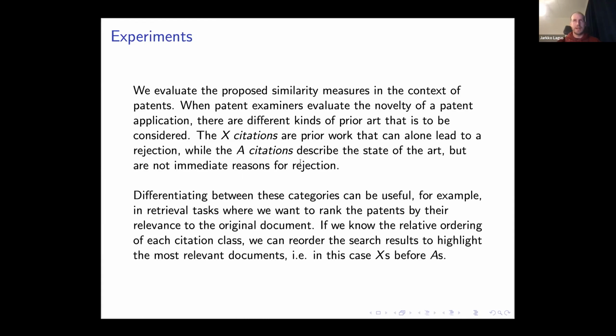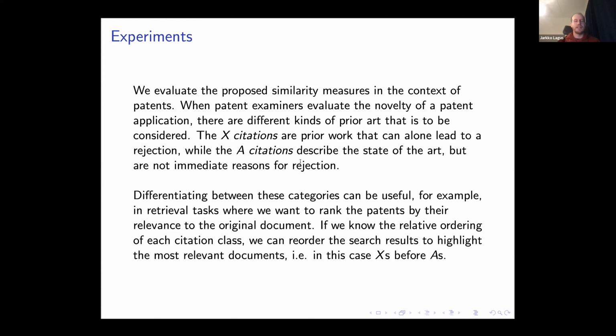From the experiment side, we had one full document experiment, so we evaluated this in the case of patent text. The idea is that when patent examiners go through different kinds of patent applications, they try to find objects for granting the patent, and these are usually called prior art. And then there are different kinds of prior art. The usual two types are X citations and A citations.